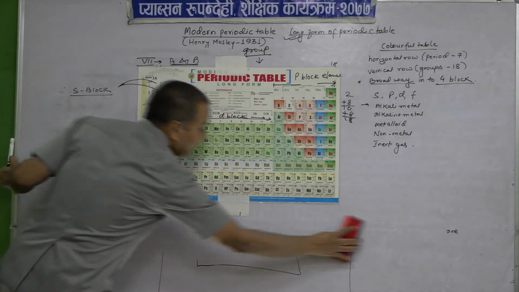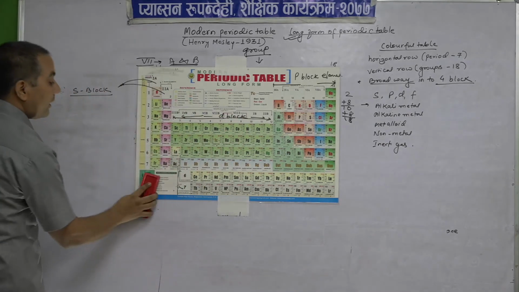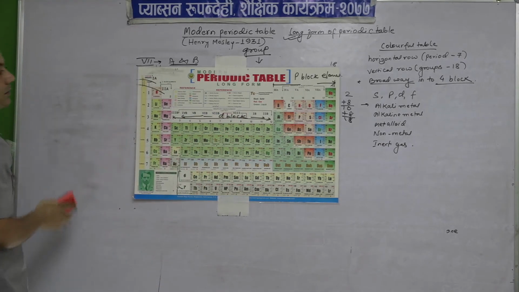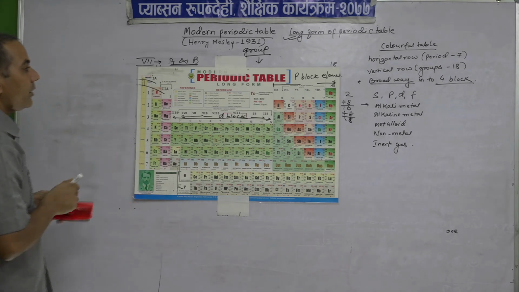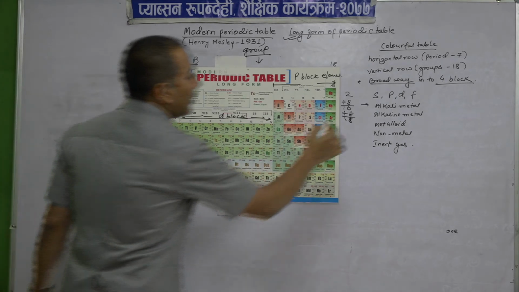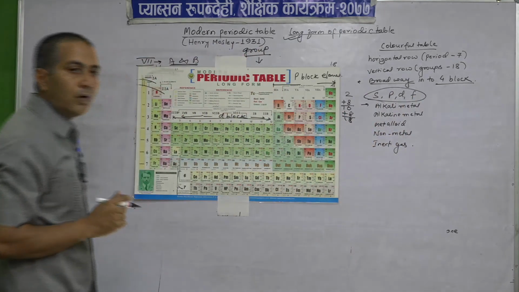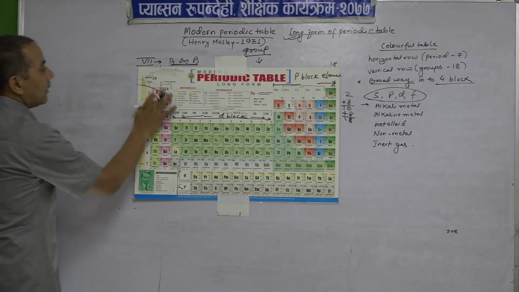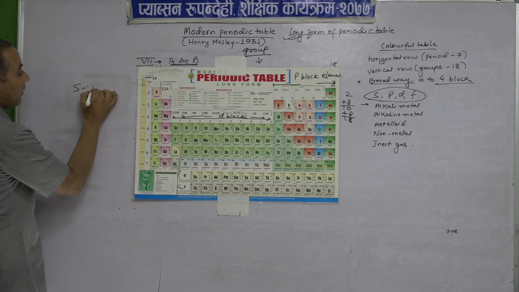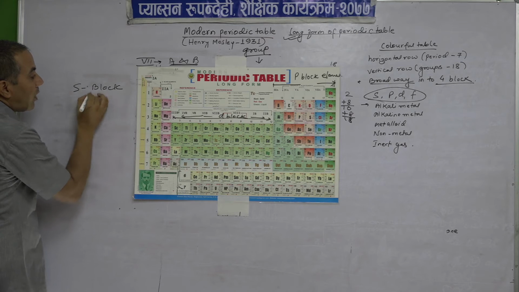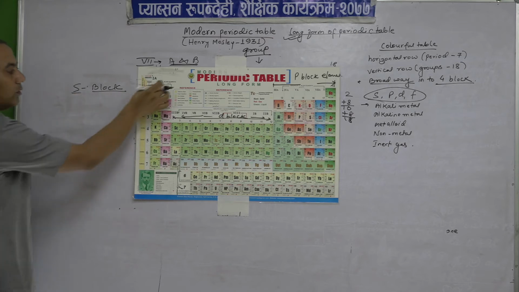Now comes the next one. So what we find is that the periodic table is divided into 4 different blocks. What are they? S, P, D, F. Now it is the S block. In the S block, there are 2 groups.